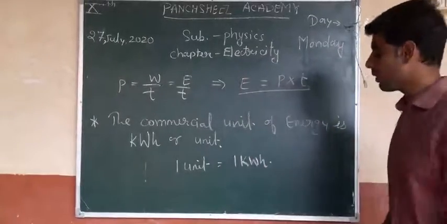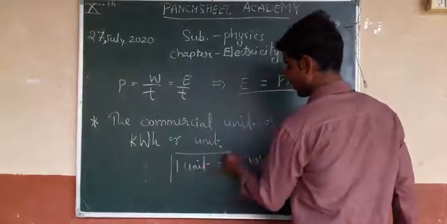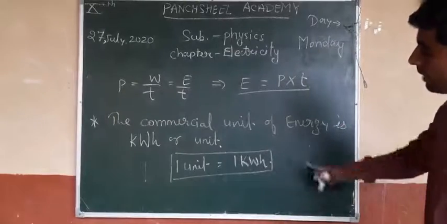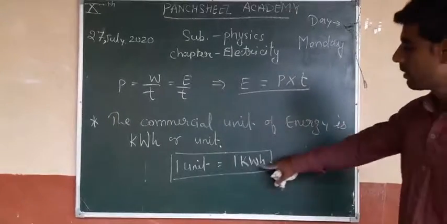One unit equal to what? 1 kilowatt hour. And what is the relation between 1 kilowatt hour and joule?